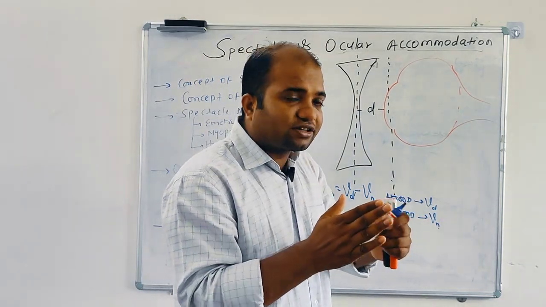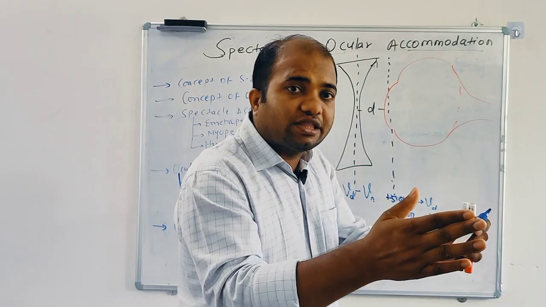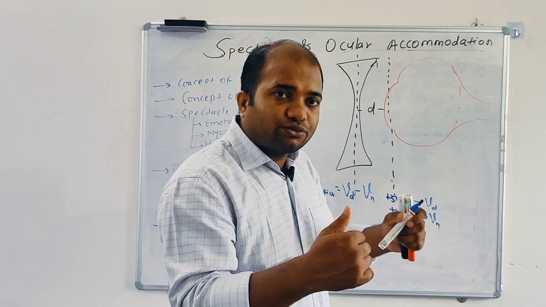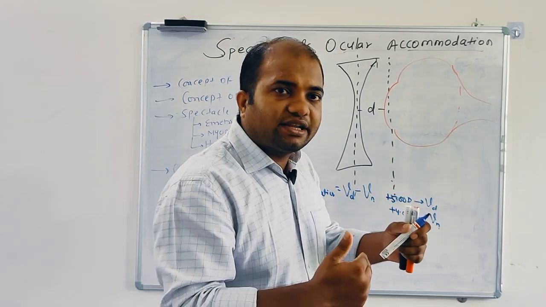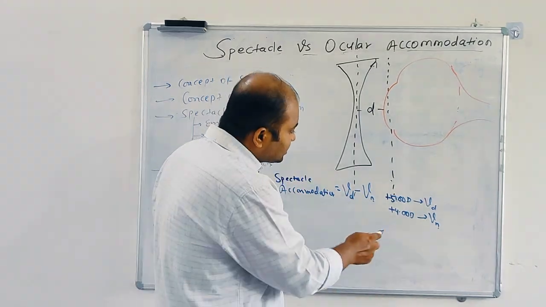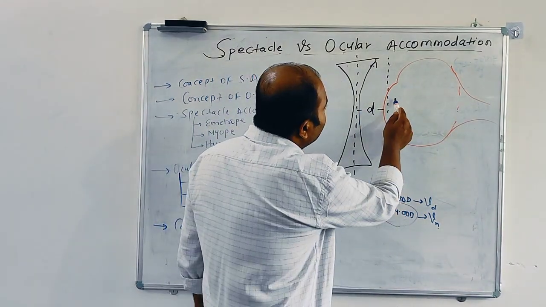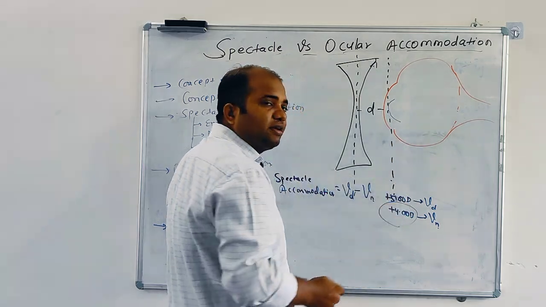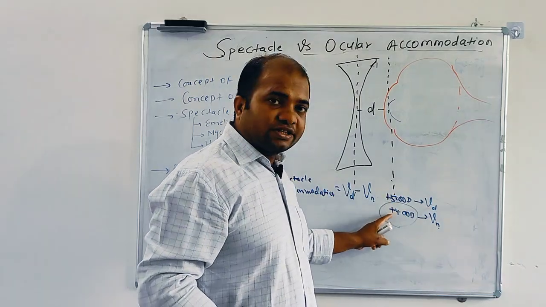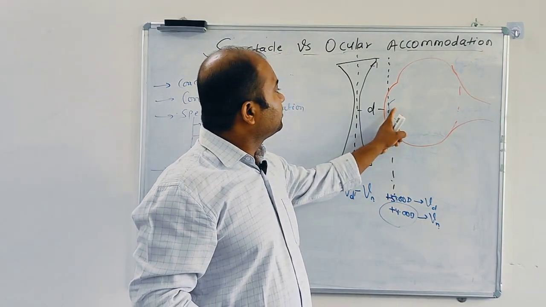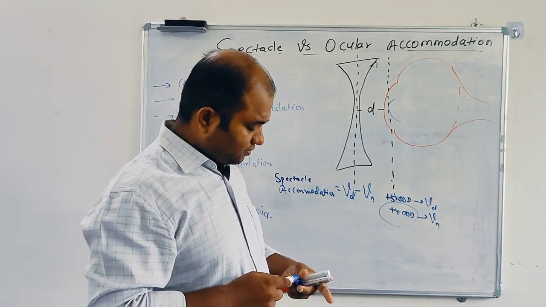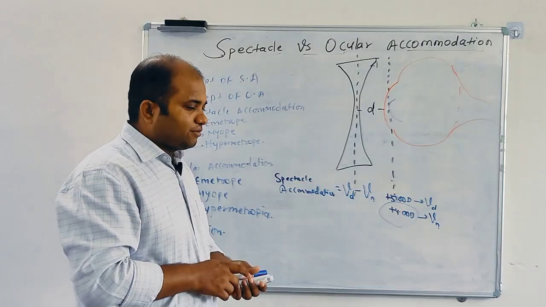That means light will be less converged, so light will get focused behind the retina. That means we should have some mechanism to get that light back onto the retina. Are you getting it? So this extra +1 diopter will be given by the lens, and this change in vergence of light is known as how much accommodation we should do, right?